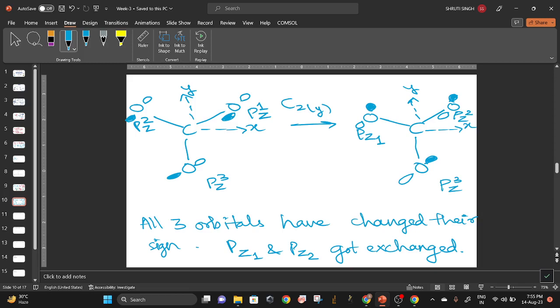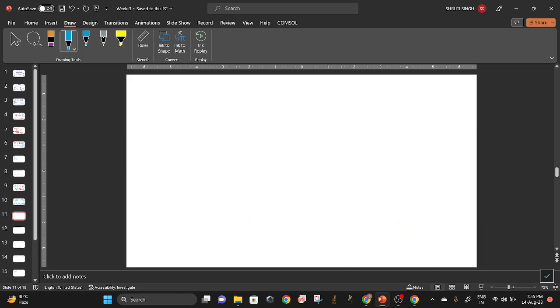If I write the sign change as negative, pz1 is becoming minus pz2, pz2 is becoming minus pz1, and pz3 is not changing to any other place, so it remains pz3, but it is changing the sign, so I am writing it as a negative one.